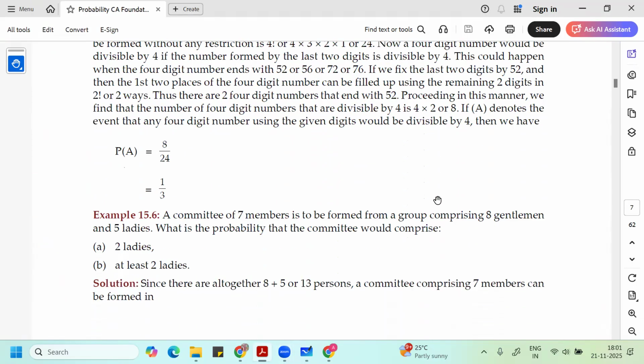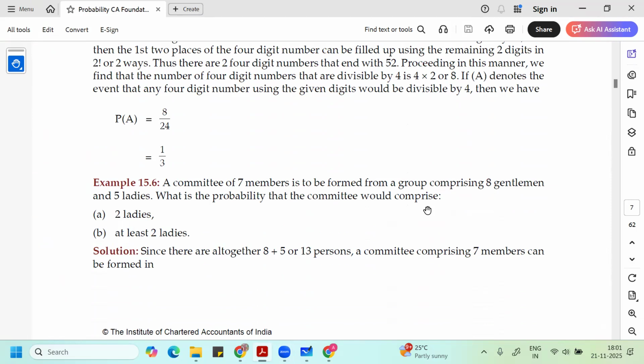Okay. Then see example 15.6. A committee of 7 members is to be formed from a group comprising 8 gentlemen and 5 ladies.